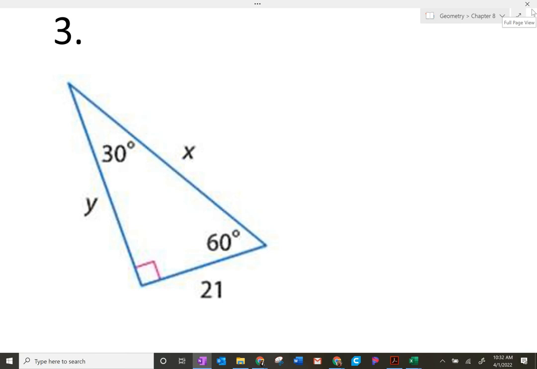What was the actual answer you got? Yeah, this one, right? That's your answer. So you're just going to plug this value here into that equation.